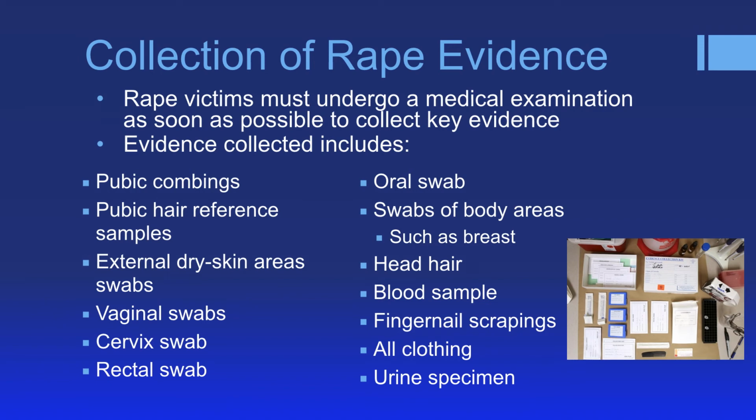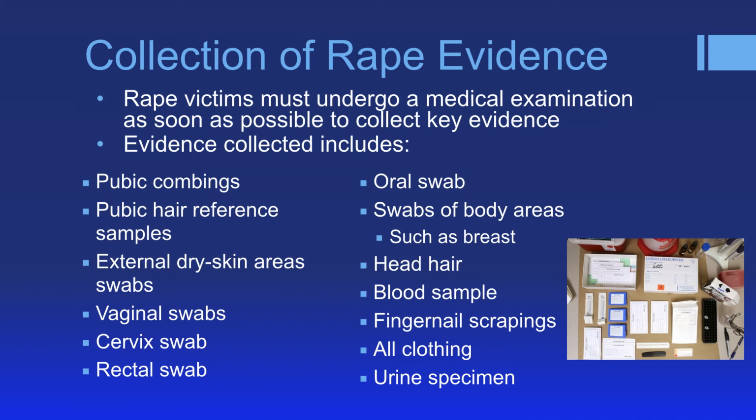The evidence collected from the victim includes pubic combings, a pubic hair reference sample, external dry skin area swabs, vaginal swabs, cervix swabs, rectal swabs, oral swabs, and swabs of body areas such as the breast that the assailant may have bitten or licked, or anything that may have transferred DNA, along with head hair, blood samples, fingernail scrapings, all clothing, and a urine sample.